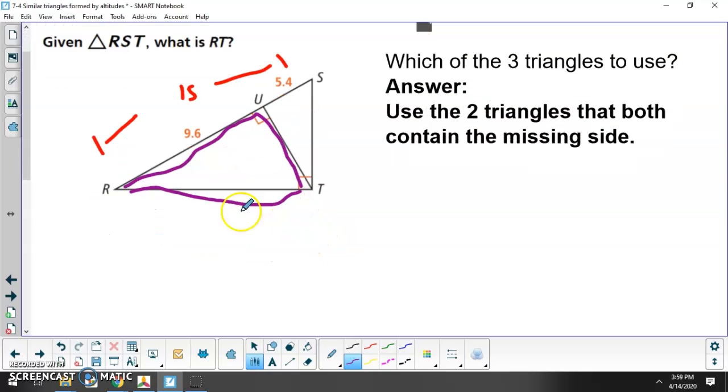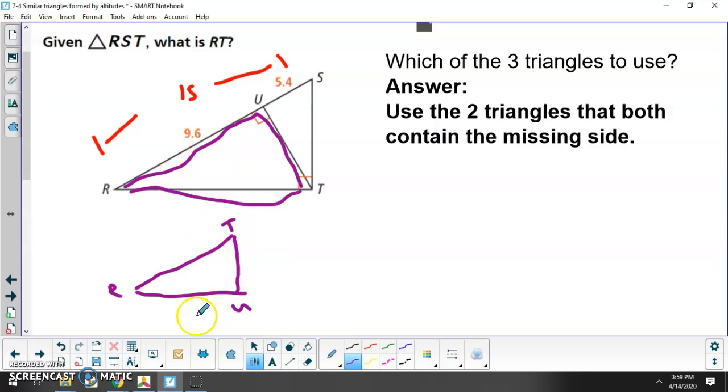So let's take this triangle that I tried to draw in purple and redraw it to be the same shape. Okay, so it will look like this. RT is going to be the hypotenuse of it, so we'll have R and T here. And then we would have UR as the base of this triangle. So UR is here.